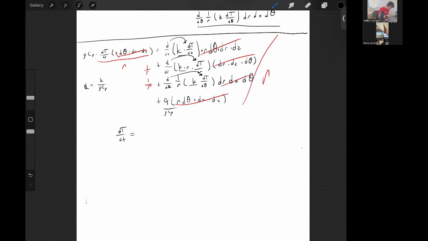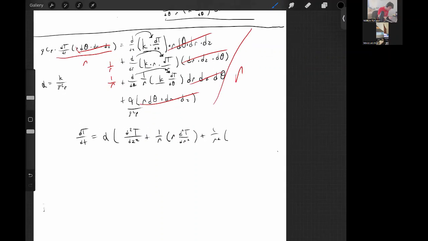we have dT over dt. So our change of temperature over our change of time equals our diffusivity constant multiplied by this: our double derivative of temperature in regards to the z direction, plus 1 over r multiplied by our double derivative of our temperature in regards to radius, plus 1 over r squared, because this is already being divided by r, with a double derivative of temperature in regards to theta.